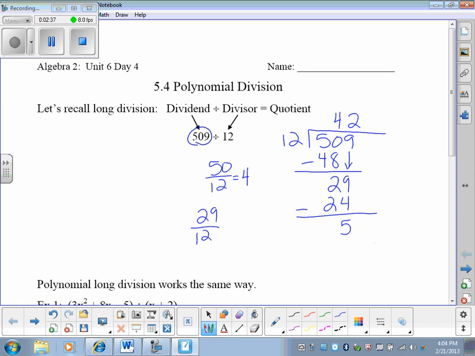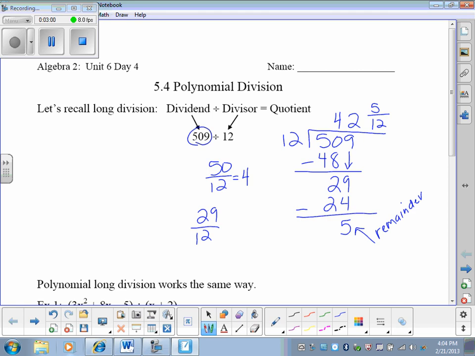Now 5 is our remainder. And when you were really little, you did R remainder 5, right? But then as you get older, you took your remainder and put it as the numerator, the top of the fraction, and then put it over your divisor, which in this case is 12.